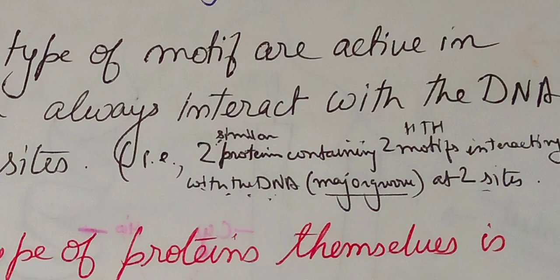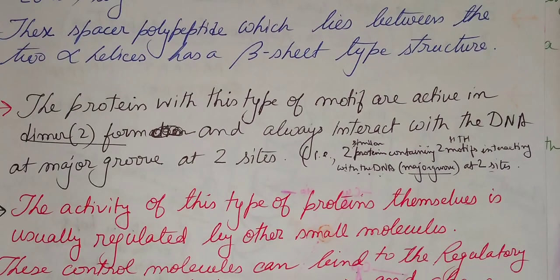So this was about the helix turn helix motif, right? Most of the proteins having this type of motif are active when they form a dimer. Another similar protein comes, having the same helix turn helix motif, to form a dimer and interact with the DNA.